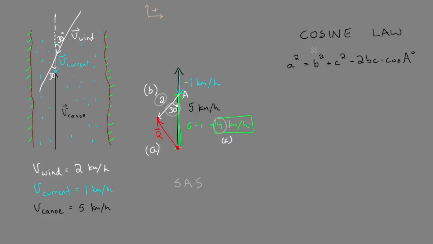We have our side length B, side length C, and angle A, and now we can substitute in to solve for the side length A, or our resultant. Simplifying this on the calculator, we would get 6.14. Therefore, A equals positive root of 6.14, which is 2.5 kilometers per hour.